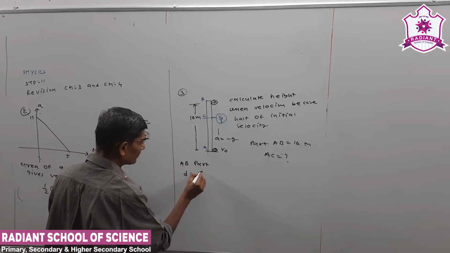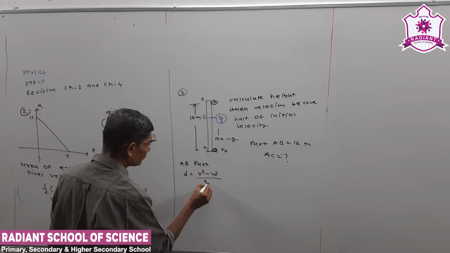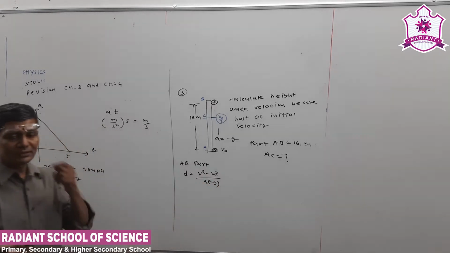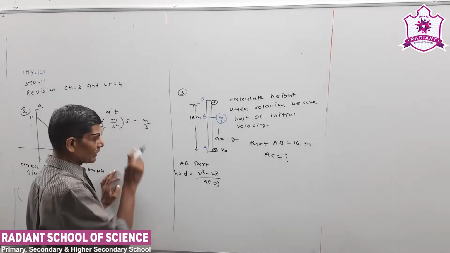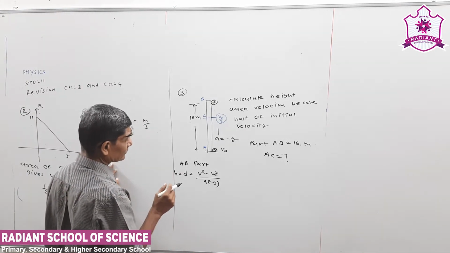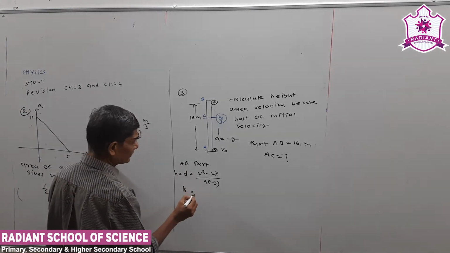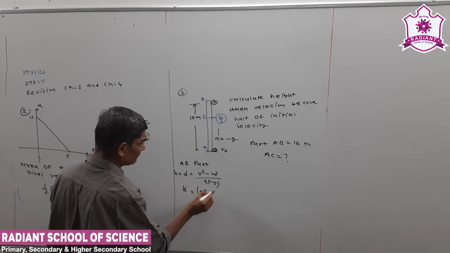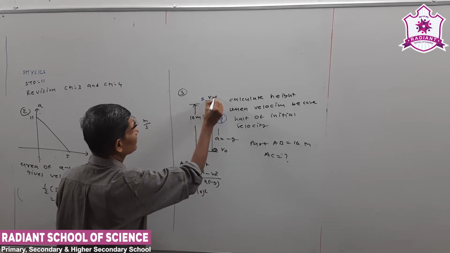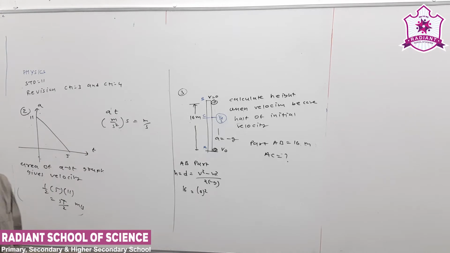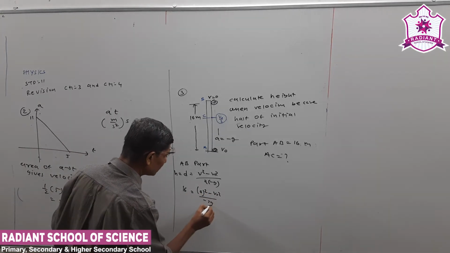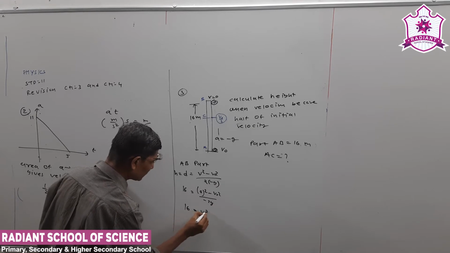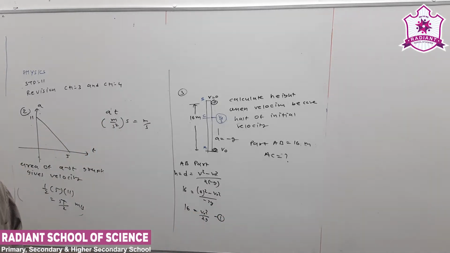The distance covered will be (v square minus v0 square) upon minus 2g. See, this is a retarded motion. The height is given as 16 meter. The final velocity at B will be 0, because moving against the gravitation, the velocity becomes 0. So 16 is equal to v0 square upon 2g. Let us say I am giving this as the equation below.